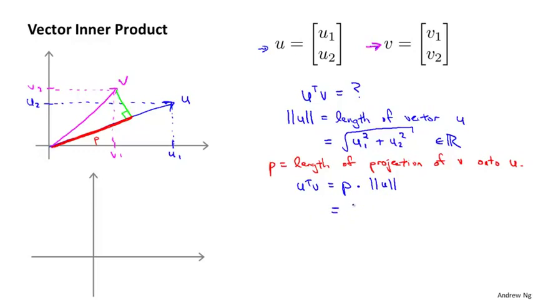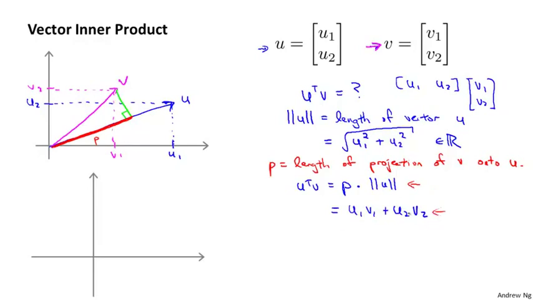Which is if you take u transpose v, then u transpose is this u1, u2, a 1 by 2 matrix, and then times v, and so this should actually give you u1 v1 plus u2 v2. And it's sort of a theorem of linear algebra that these two formulas give you the same answer.